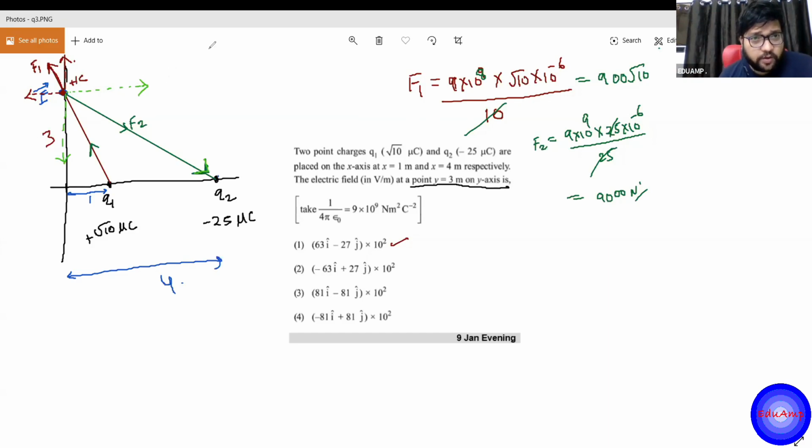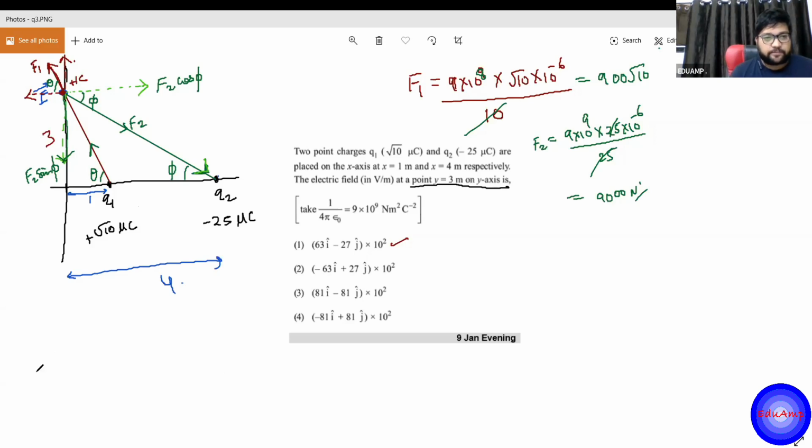This component of F2 is what? Let's say this angle is theta, and this angle is phi. So this angle is also phi, and this angle will be theta, simple geometry, alternate angle. So this is F2 cos phi, and this component will be F2 sin phi. So I'm writing F2 as a vector.